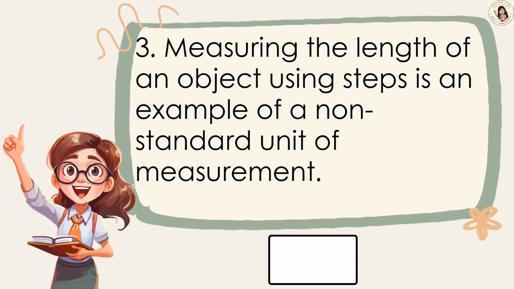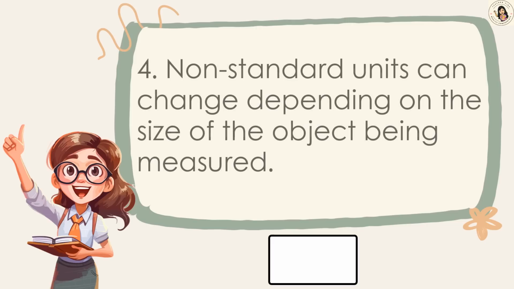Number 3. Measuring the length of an object using steps is an example of a non-standard unit of measurement. Correct. Number 4. Non-standard units can change depending on the size of the object being measured.